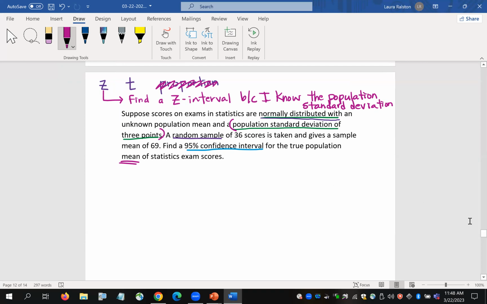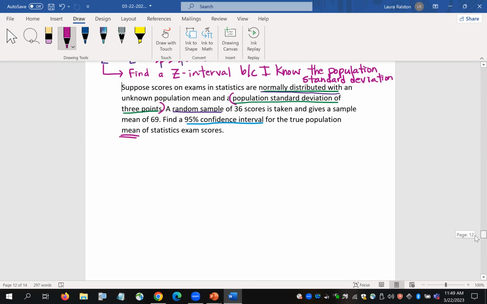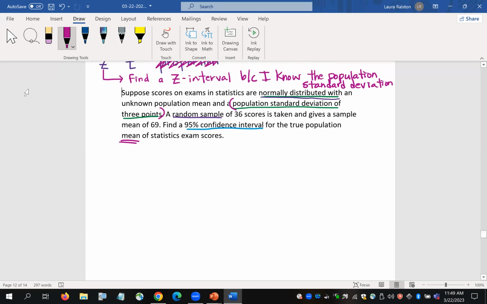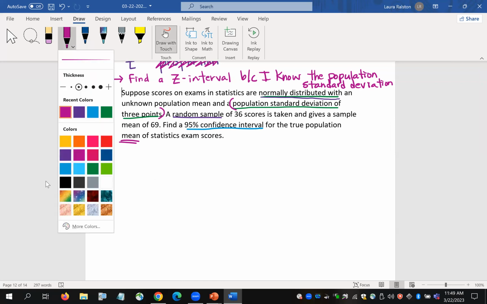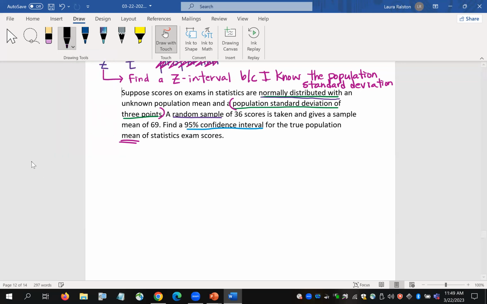Then usually it's going to walk you through and ask you to identify from the problem the pieces that you need to work the problem. So it's going to ask you things like, what is the sample mean, which is X bar?